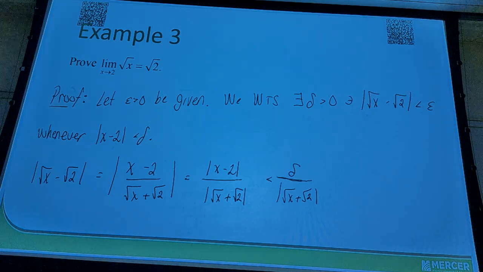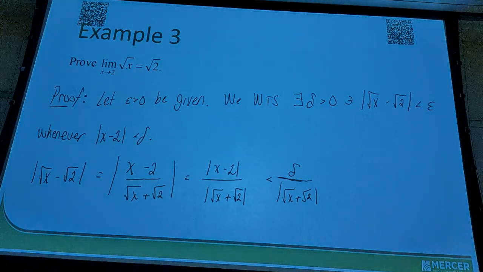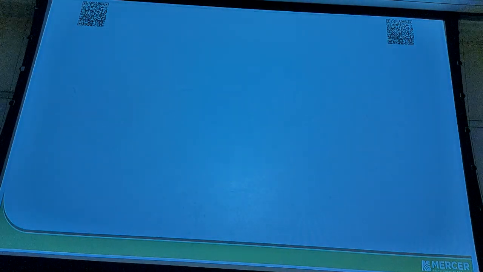Time to reset. We now suppose that delta is less than or equal to 1. Then the absolute value of x minus 2 would have to be less than 1.